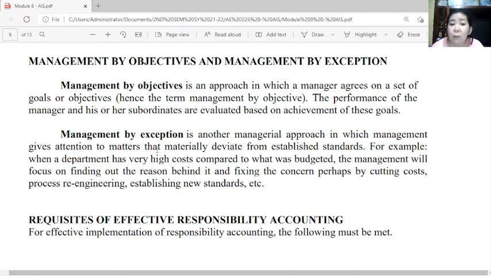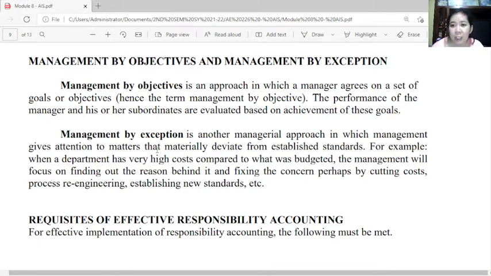What's the reason why that department incurred high costs? After finding out the reason, they will fix this concern. Perhaps they will cut the cost, do process re-engineering, or establish new standards and others. So that's how management by exception is implemented, which is quite different from, or opposite to, management by objectives.